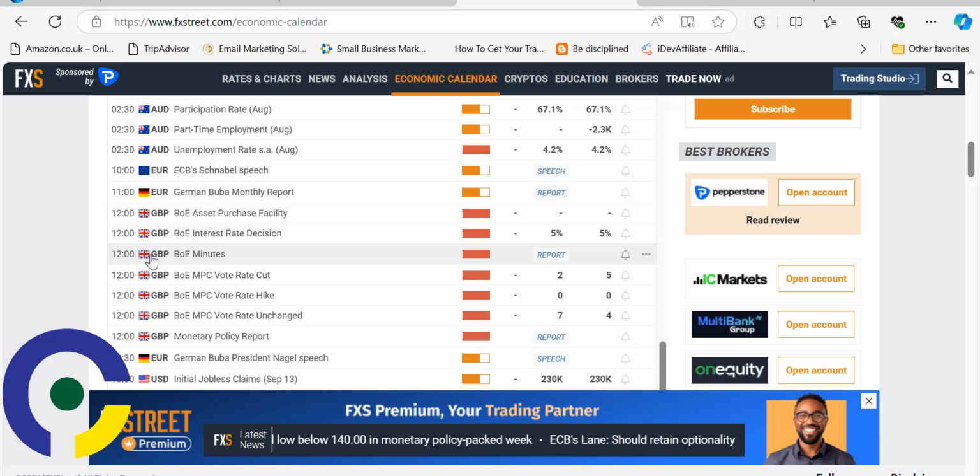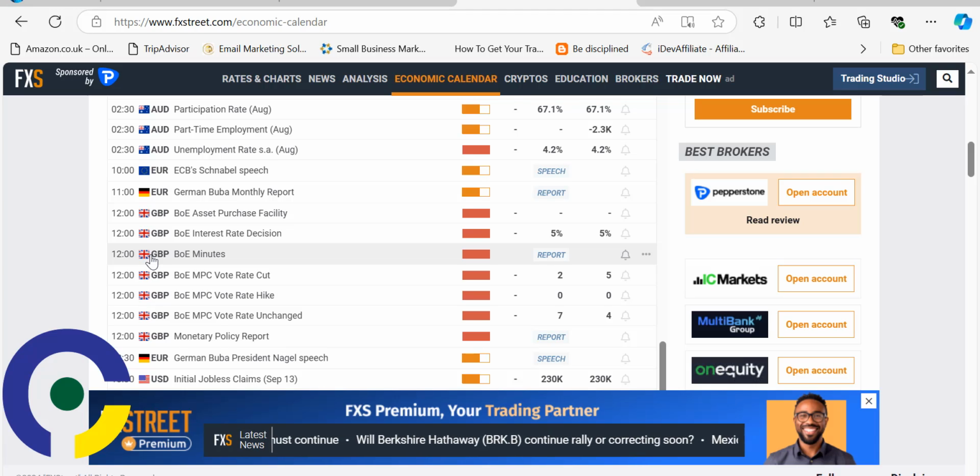Now, if you look at the numbers for GBP, for the rate decision, the forecast is the same as the previous. But when you come to the BOE Monetary Policy Committee votes for rate cuts, just two out of seven are voting for rate cuts. Previously, it was five that voted for rate cuts.